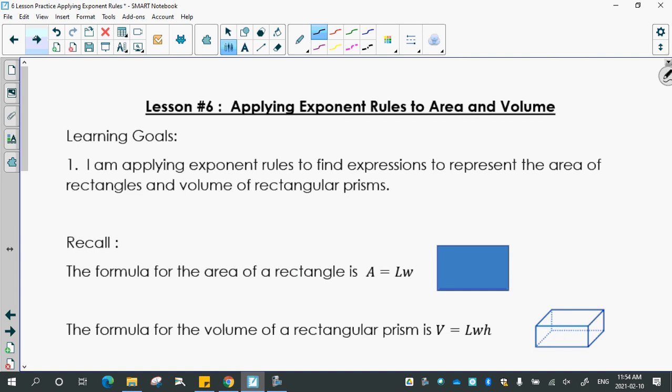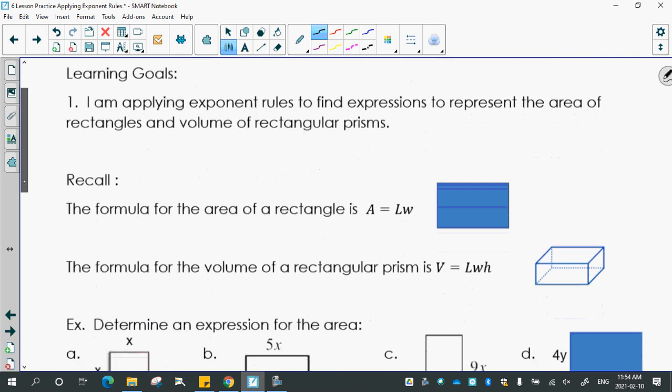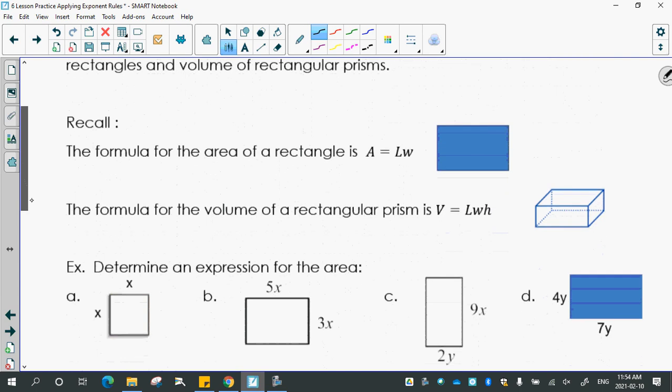Does everyone have lesson 6 in front of them? Okay, so applying exponent rules to area and volume. We're going to apply exponent rules to find expressions to represent the area of rectangles and the volume of rectangular prisms.